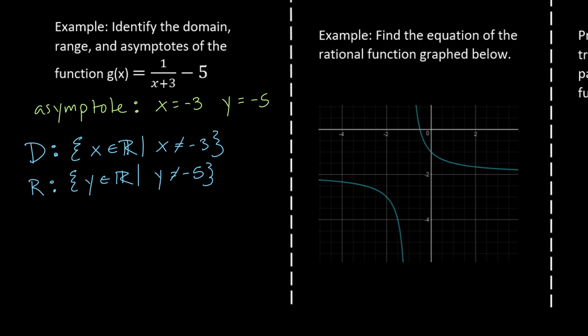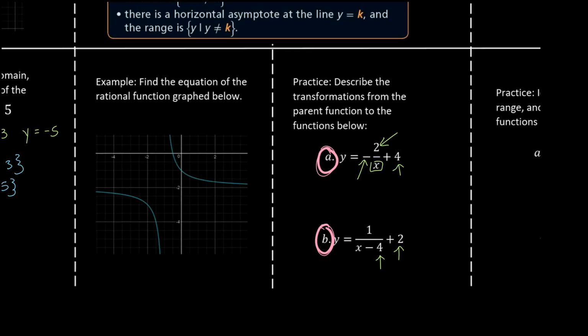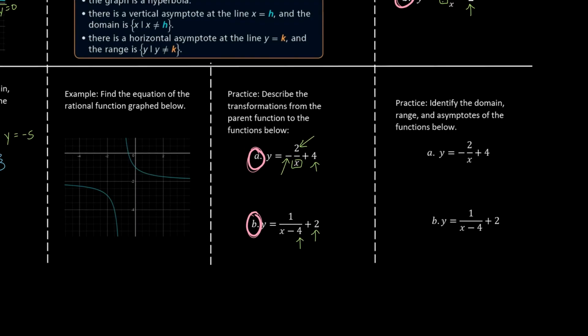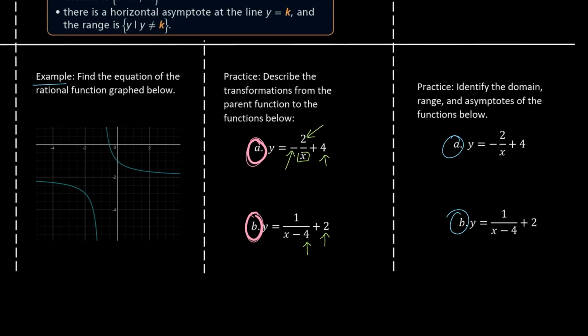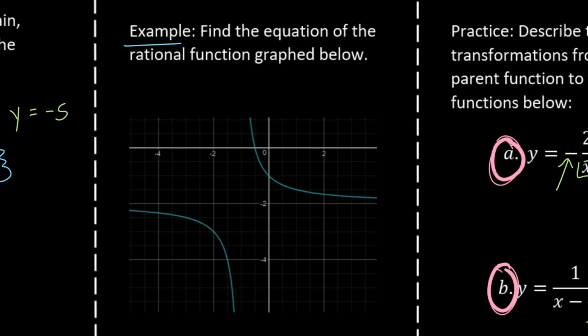Good. Okay, so I think that you guys can do the rest just fine. Go ahead and find the equation in this next example, and then do A and B on the bottom. What equation did you get for this example, Chris?